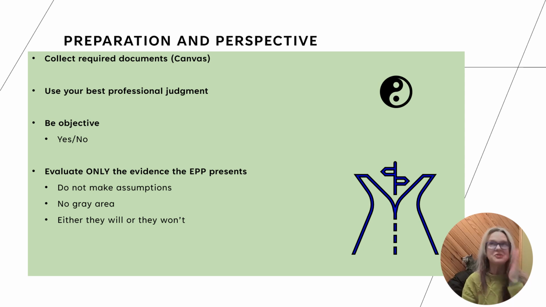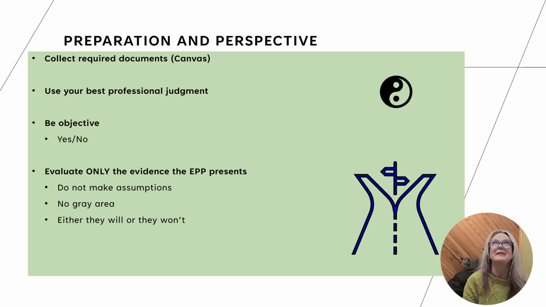I want to encourage you to be objective. Either it is or it isn't. You can only evaluate what is explicitly provided. In a previous life, in a previous state, the previous director of a relevant office used to say, "Don't do the program's work for them."